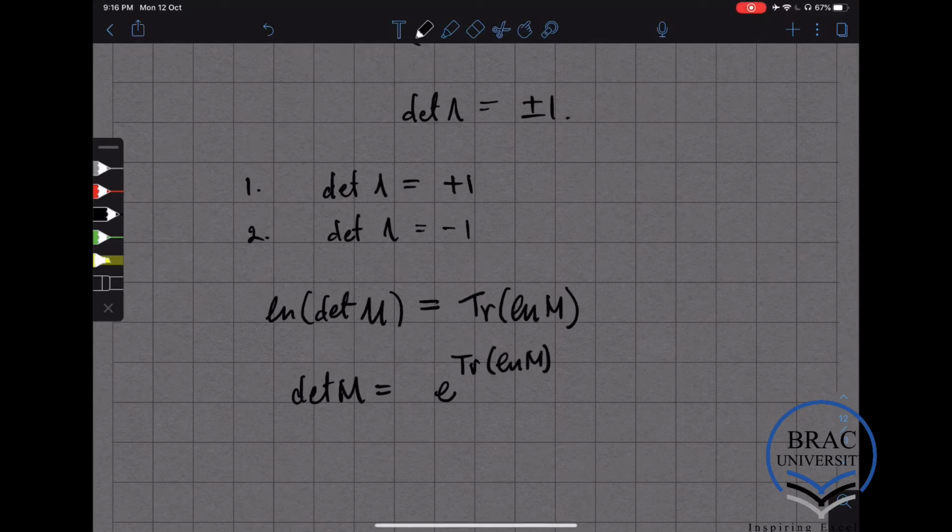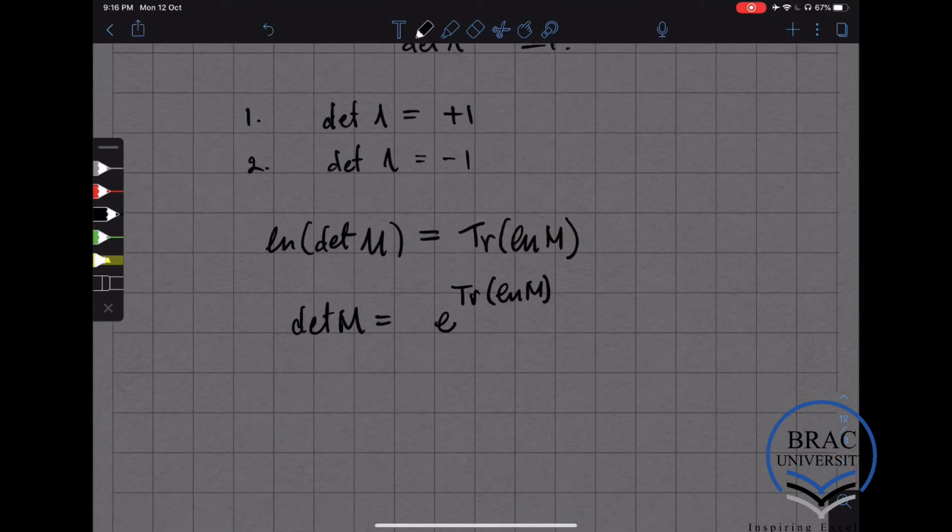So using this, let's define lambda to have the form e to the power i theta times T, where T is some matrix and theta is some parameter, or a set of parameters.